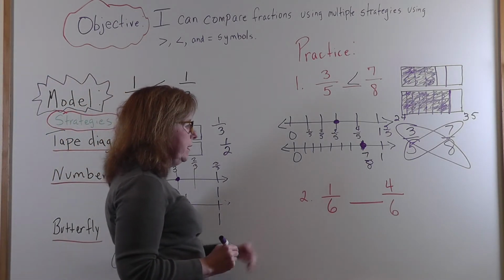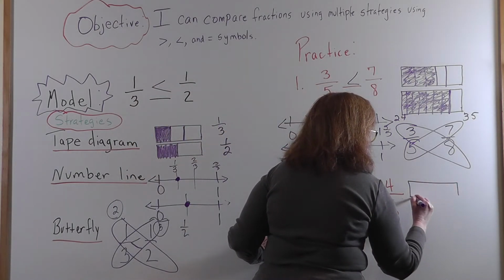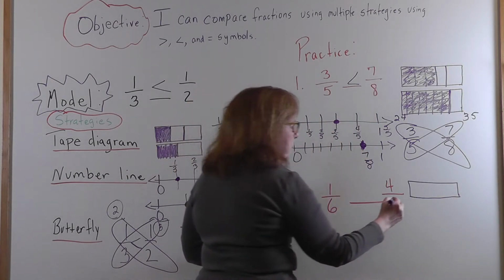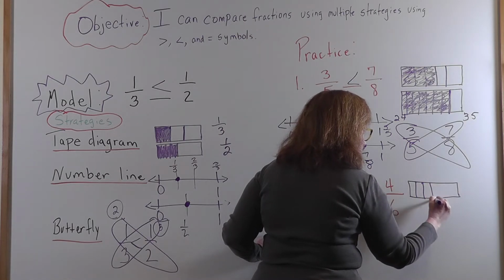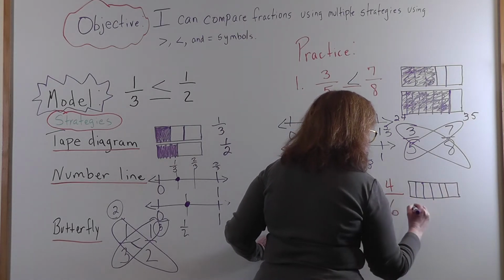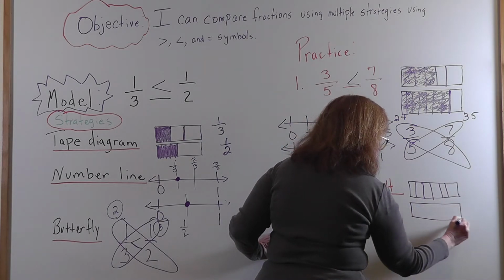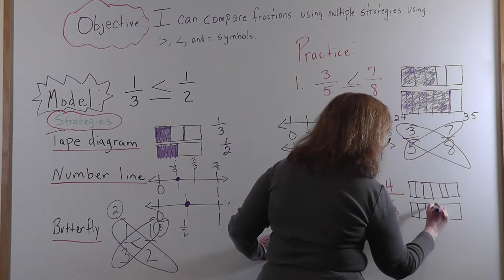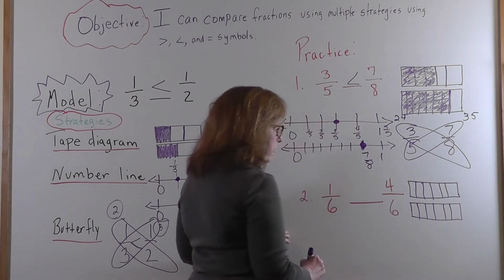1/6 and 4/6. Okay? Do my tape diagram. I'm going to break it up into 6 equal parts. This one, I'm going to break it up into 6 equal parts. Okay.